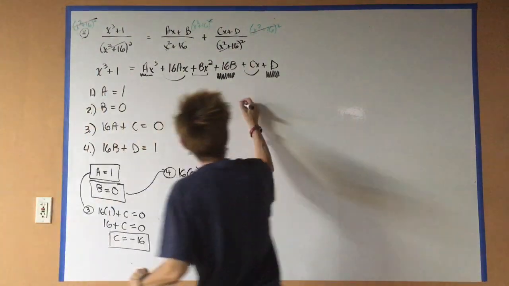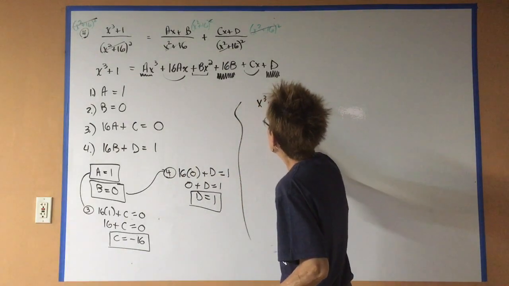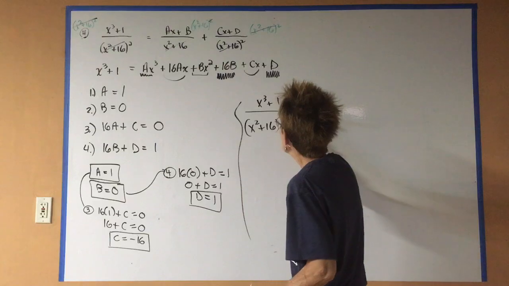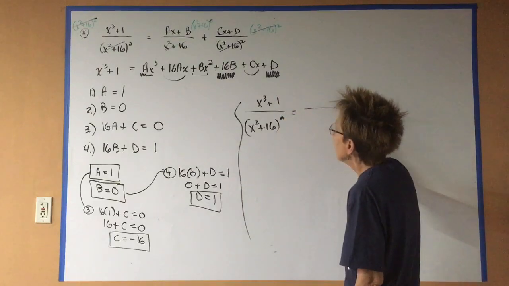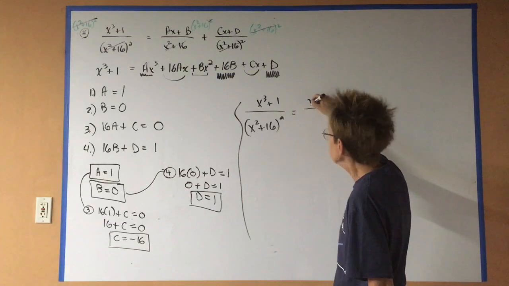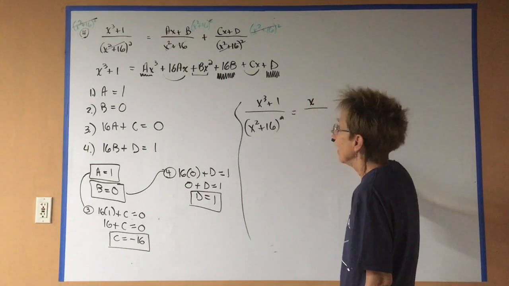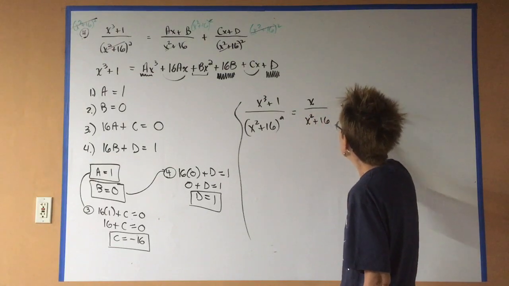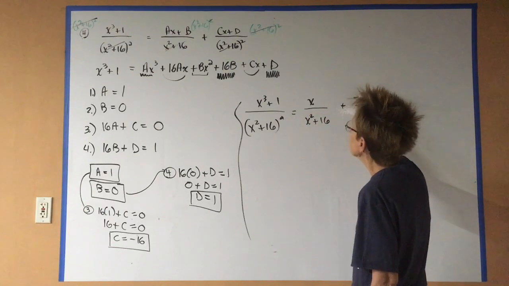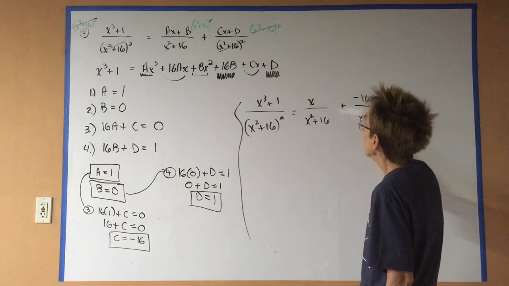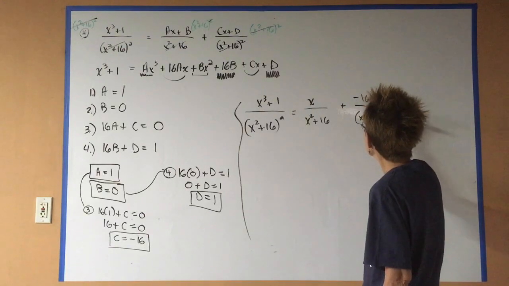So that means that x cubed plus 1 over x squared plus 16 squared breaks up into a times x, so 1 times x, plus b, b is 0. So it's x over x squared plus 16 plus c is negative 16x plus d, which is 1, over x squared plus 16 squared.